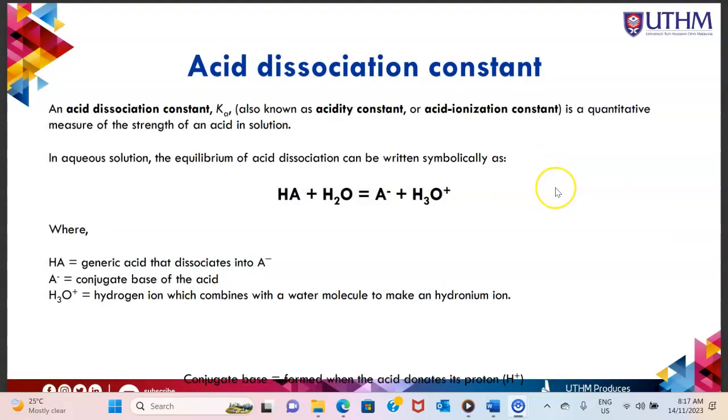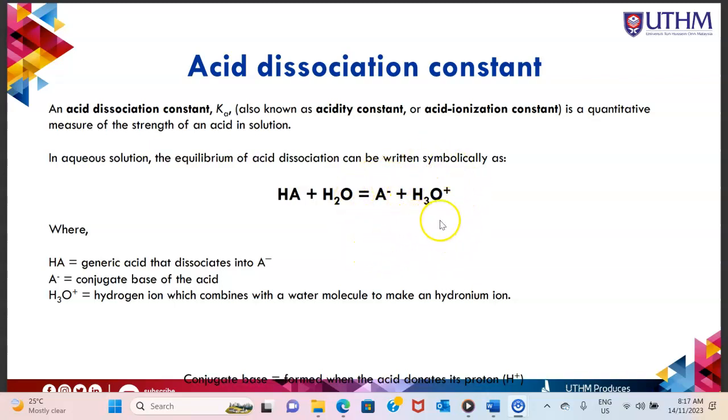And we have the acid dissociation constant. Basically, it is a quantitative measure of the strength of an acid in solution. So in aqueous solutions, the equilibrium of acid dissociation can be written like this. HA is the form of the acid, for example, hydrochloric acid. So we have water, and when it dissociates, it becomes the conjugate base of the acid.